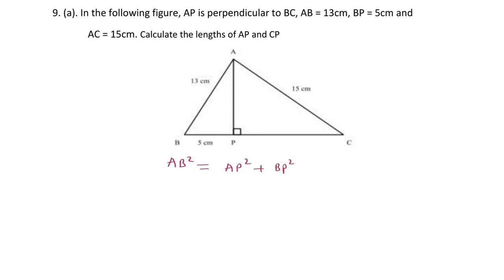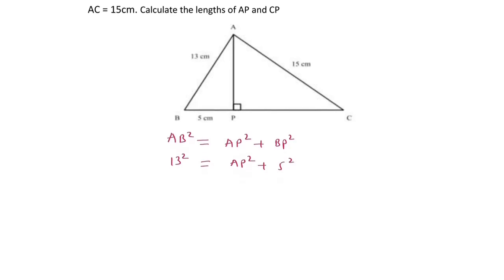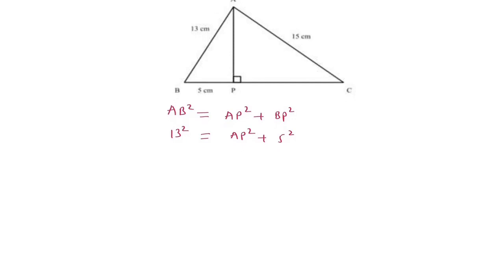Now let us apply the given numbers: 13 squared equals AP squared plus 5 squared. Let us make AP squared the subject. Our equation is going to be AP squared equals 13 squared minus 5 squared.